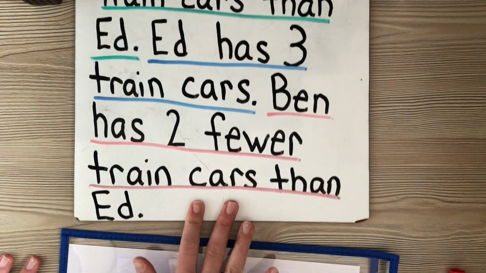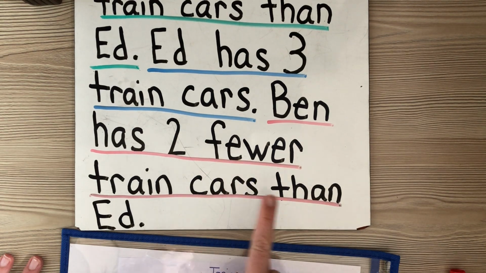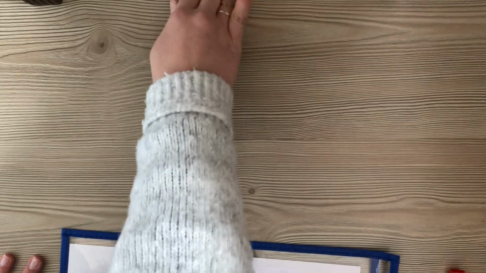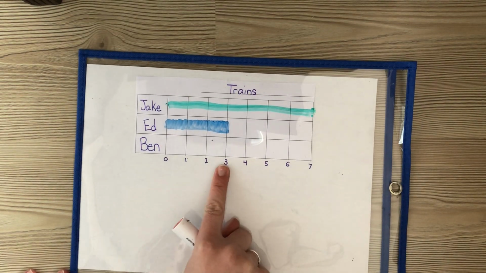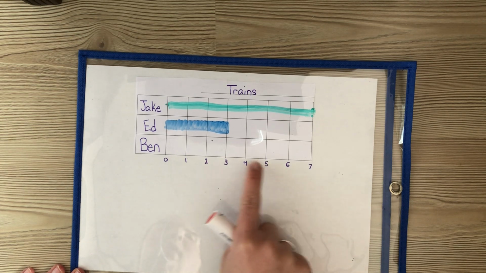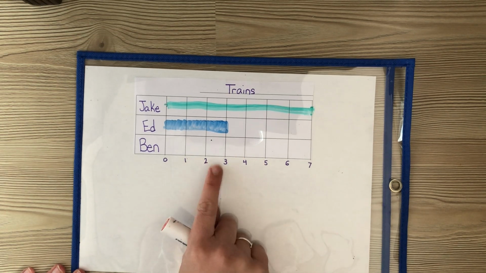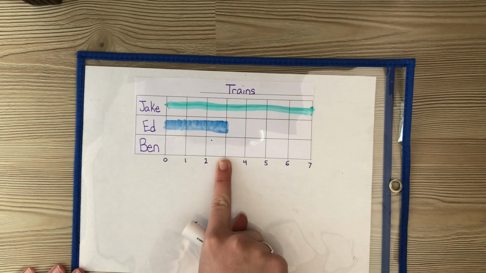And now for our very last clue, boys and girls. Ben has 2 fewer train cars than Ed. So we're going to go back to Ed's train cars, boys and girls. We see that Ed has 3 train cars. If Ben has 2 fewer, does that mean he has more or less? It means he has less. So 2 fewer means we're going to jump back 2 squares.